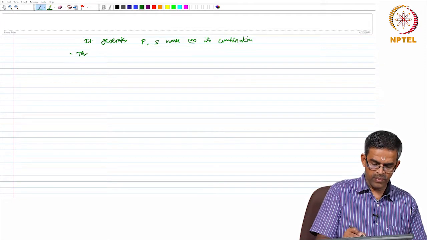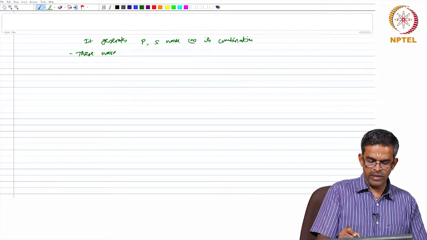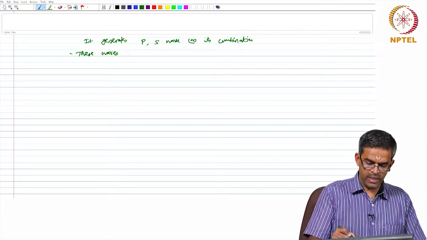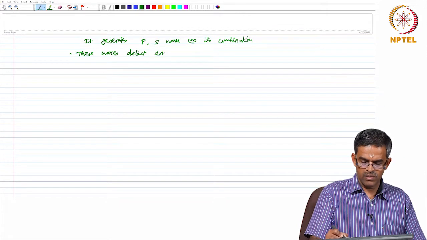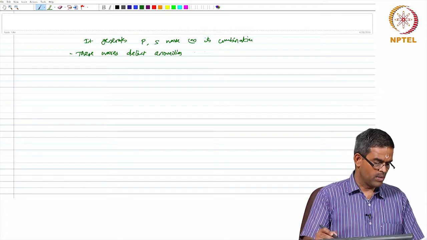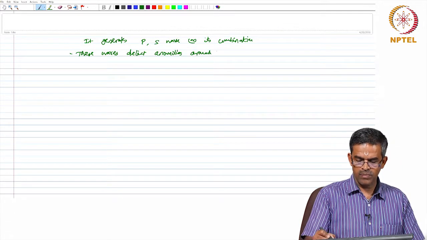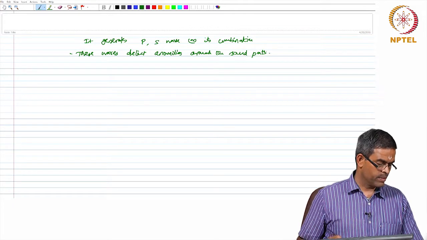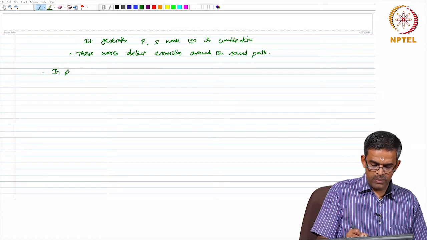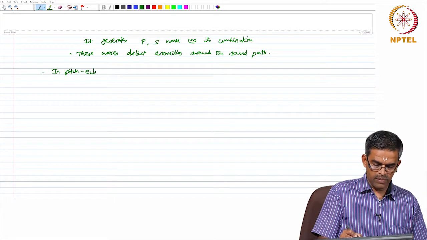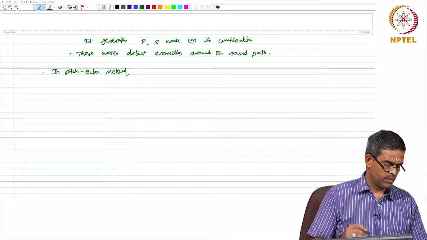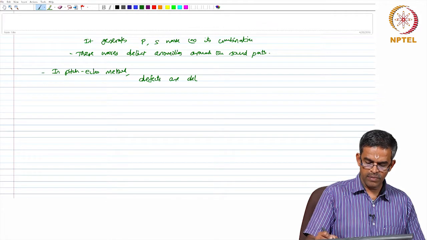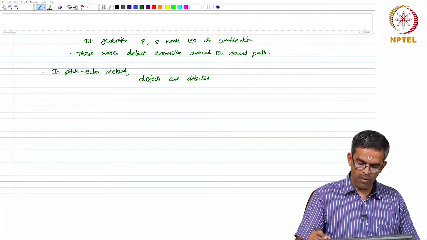These waves, which are generated by the transducers, which is in contact with the structural member, detect anomalies around the sound path. In pulse echo method, defects are detected in the form of echoes.